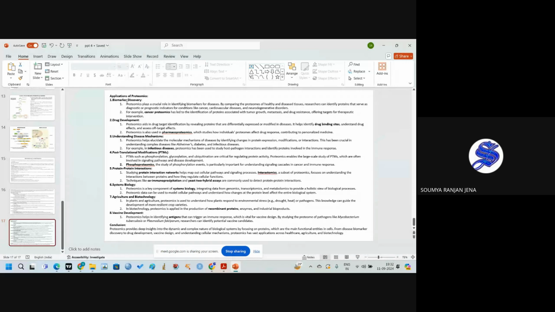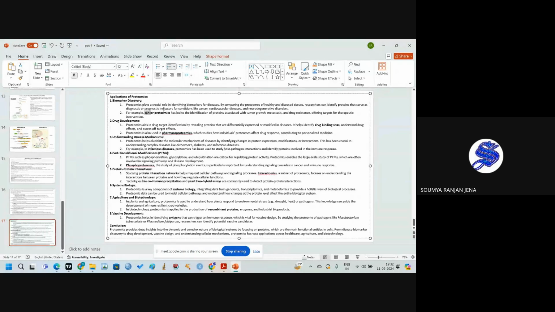For example, cancer proteomics is increasingly leading to the identification of proteins associated with tumor growth. If we analyze all the proteins of the tumor growth, and see which protein is overexpressed, then we can target that particular protein, or metastasis.